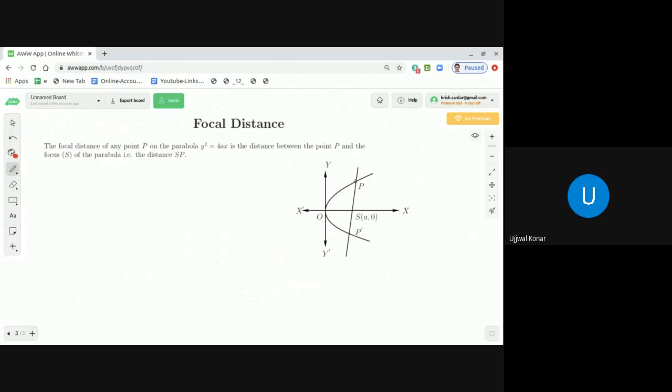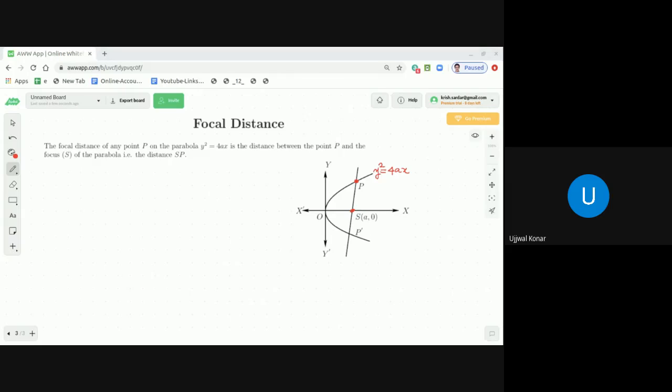Suppose we consider the point P on this parabola, and S is the focus, then this SP is known as the focal distance.